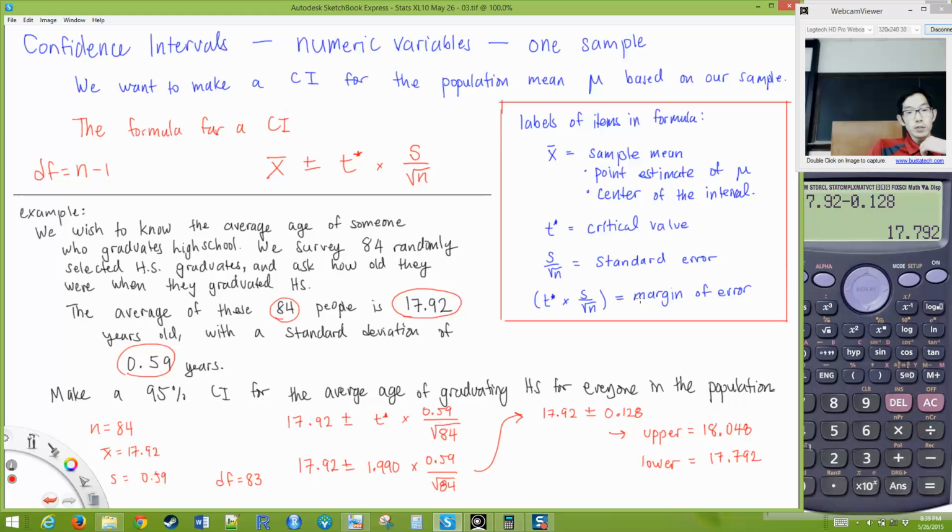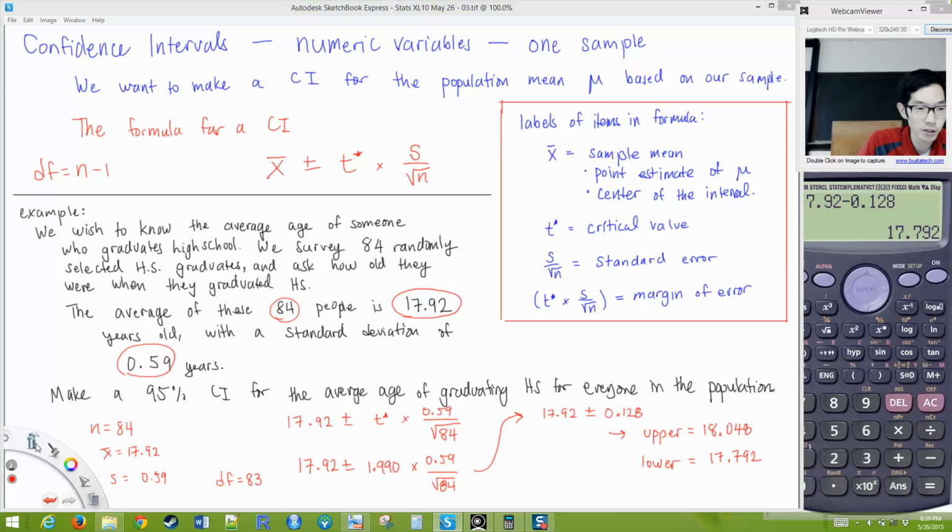Critical value, what is the critical value? 1.99, t star. Okay, so you got to know all the labels of the different things in a confidence interval. Are we good? Everybody have this all written down? Okay, so let's talk about the interpretation of this interval.